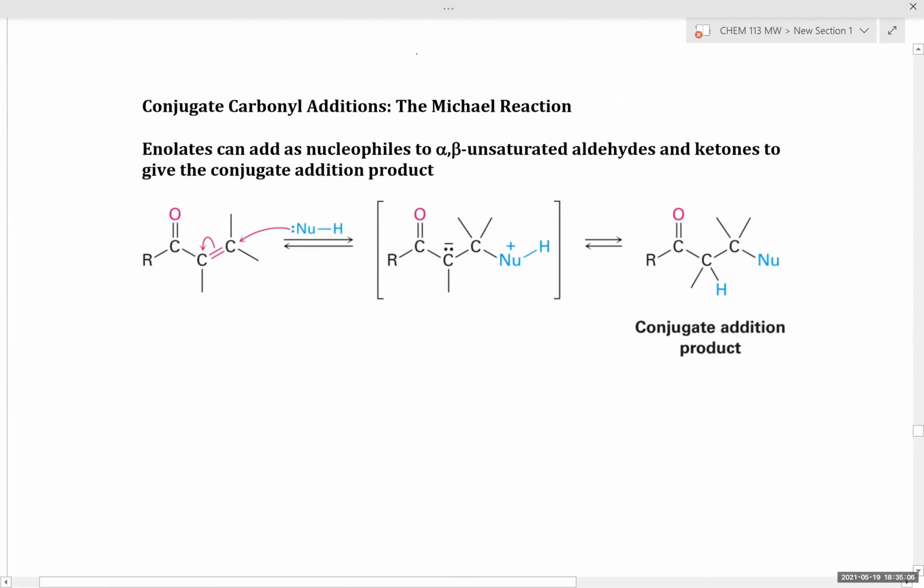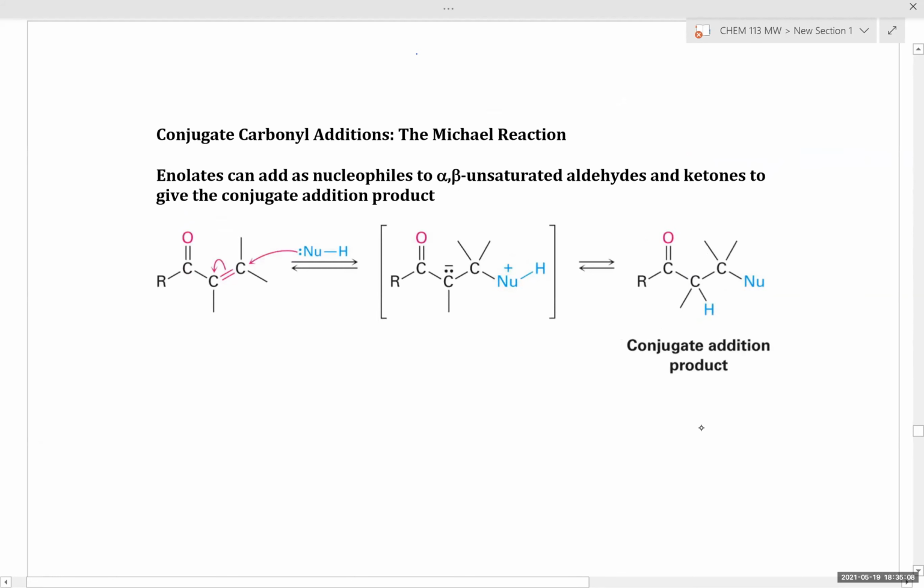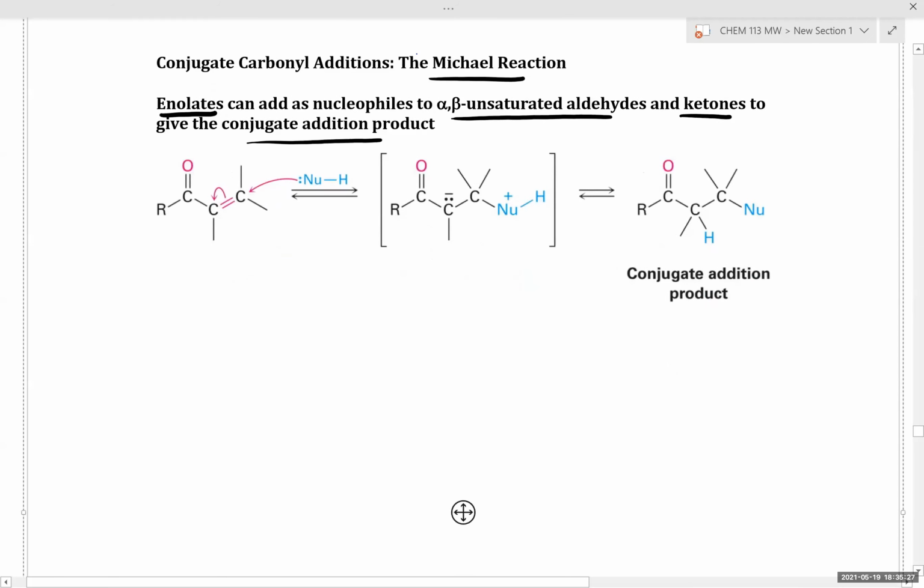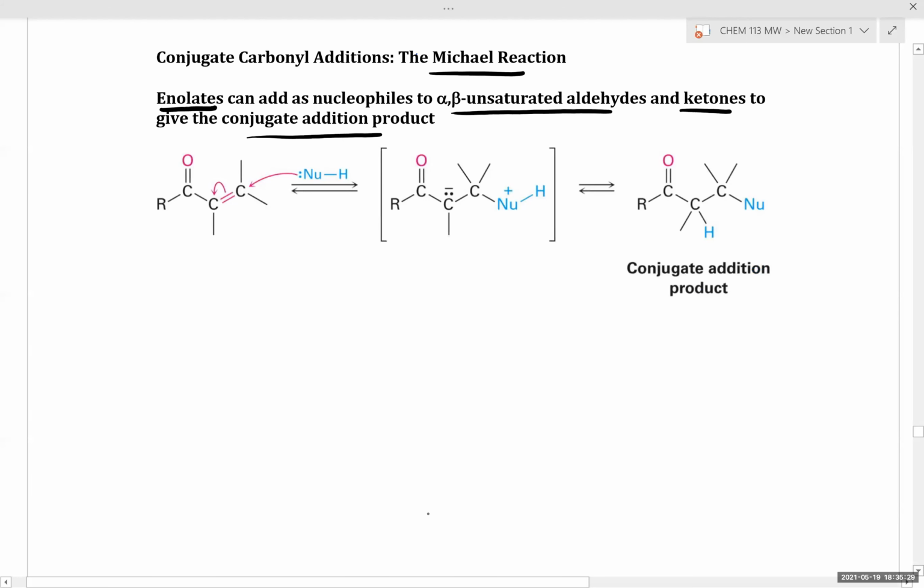Let's talk about another reaction, which is a relative of the conjugate addition reactions that we've seen previously. This is known as the Michael reaction, and it describes the reaction of enolates with alpha beta unsaturated aldehydes and ketones to yield the conjugate addition product. So we've seen conjugate addition before.